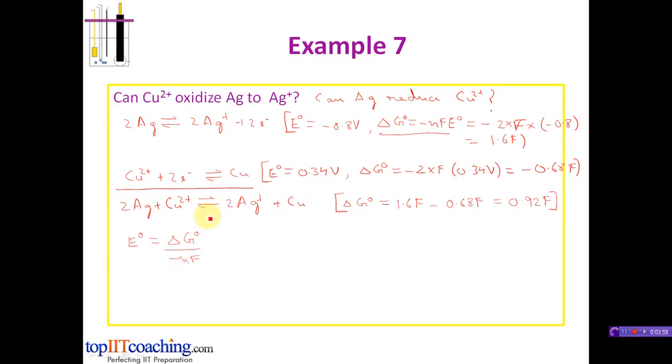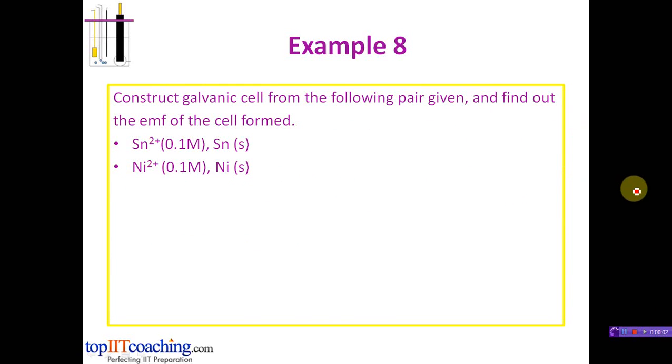E0 for the overall reaction will be delta G0 divided by minus nF. We have obtained this equation by rearranging this relation. It is equal to 0.92 Faraday divided by minus 2F, which is minus 0.46 V. So the EMF of the cell is negative, so this reaction is not spontaneous. This cannot take place.